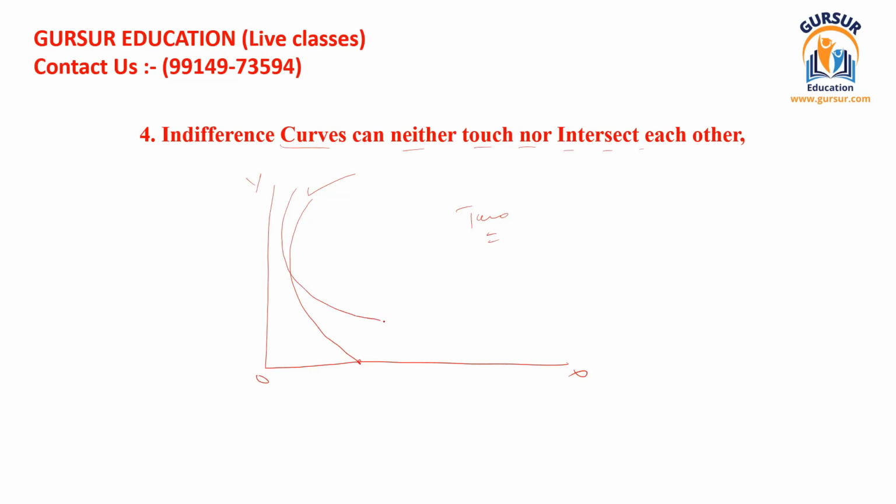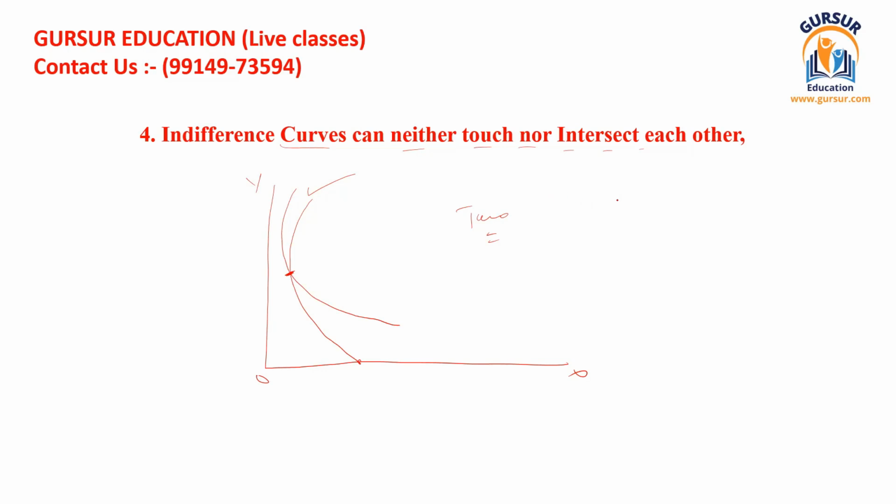Two indifference curves cannot intersect each other, because that would mean the same level of satisfaction can be obtained by not at all increasing or decreasing one or the other commodity. So it can never happen.